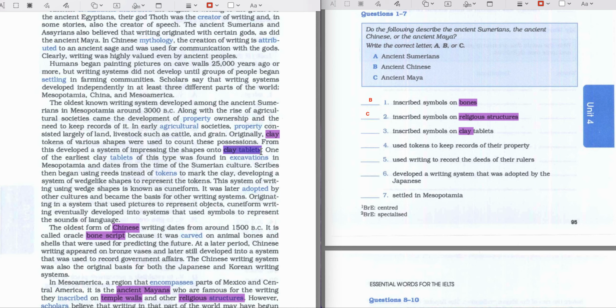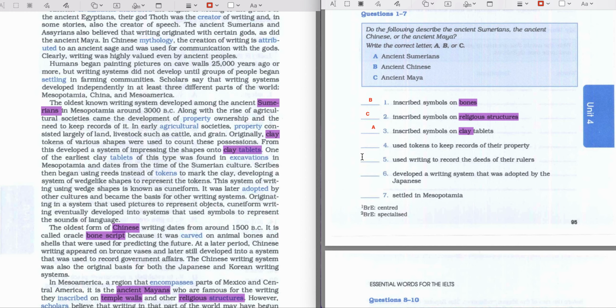From this, a system of impressing the shapes onto clay tablets. And who was doing it? So we go further to find any information about the civilization, and we see it was the Sumerians. So let's put here, it's going to be A. So let's go further.